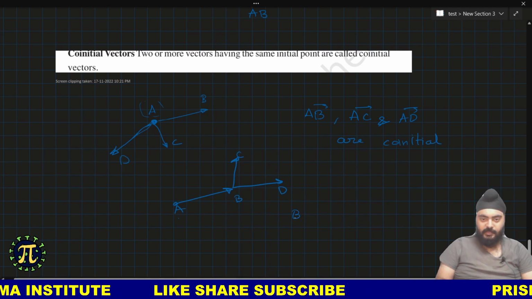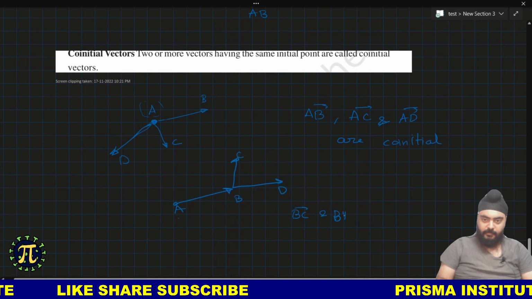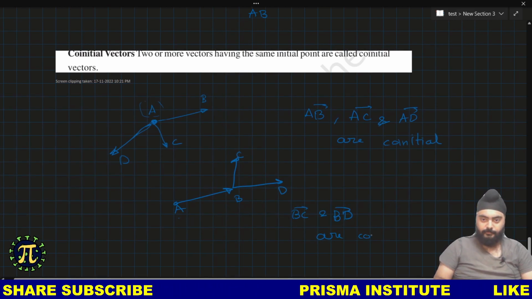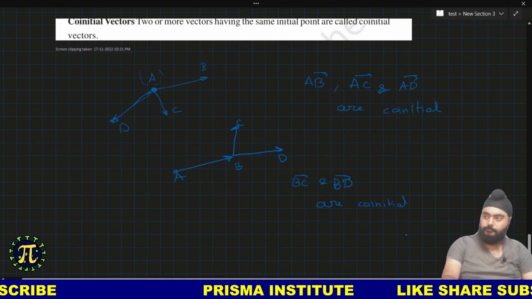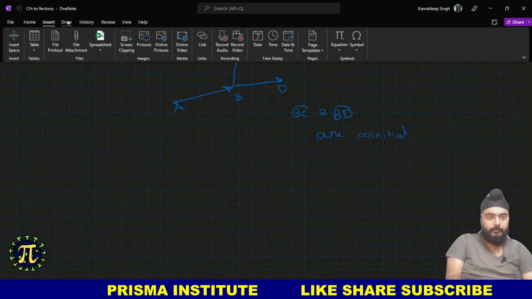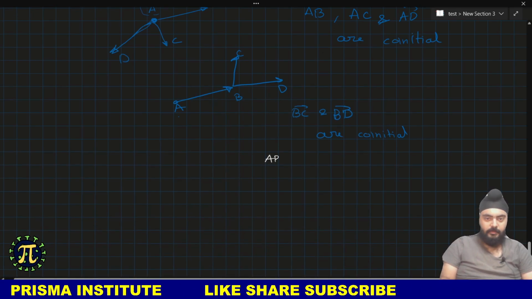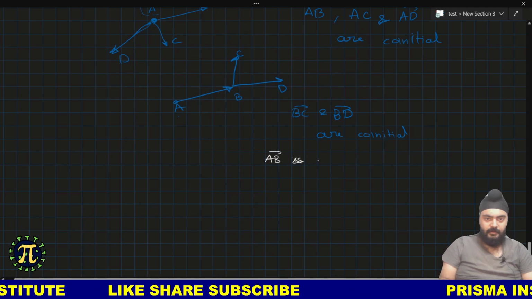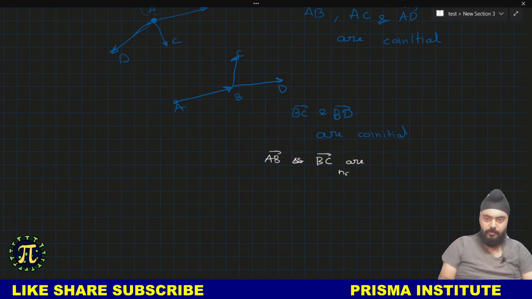BC and BD start from the point B, so they are co-initial. But AB and, let's say, BC are not co-initial.